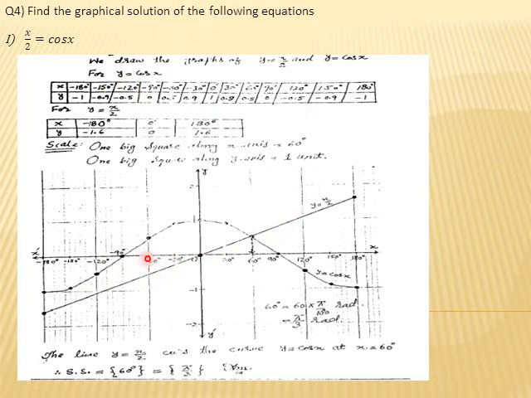This is the cos of x graph, and this is the graph of x upon 2. The meeting point is this. The line x upon 2 and the curve cos of x meet at 60 degrees. So the graphical solution is 60 degrees, that is pi by 3.